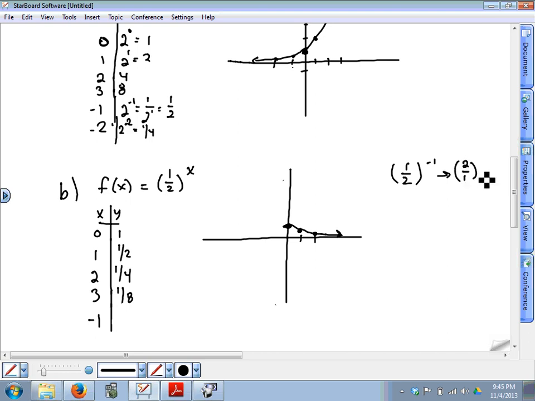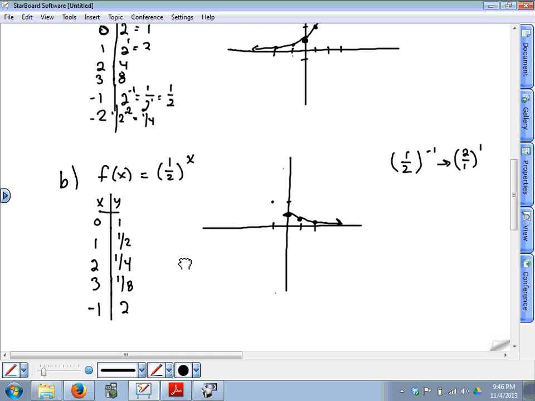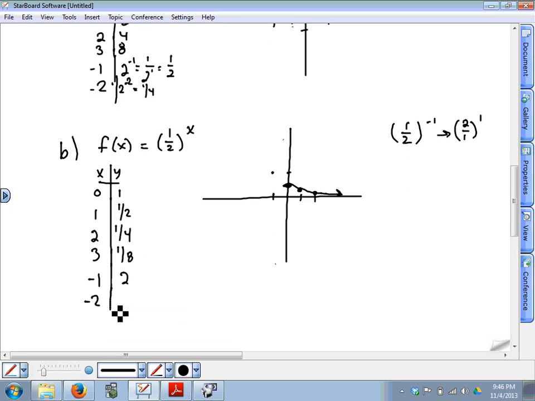So that's going to be 2/1, and then you can use a positive exponent. Those two things mean the same thing. So 1/2 to the -1 is the same as 2/1 to the first power, which is 2. So when x equals -1, y is 2. If x equals -2, then what we have is 1/2 to the -2 power, which is the same as 2/1 squared. So that's 4.